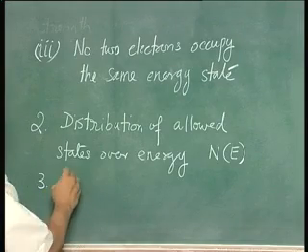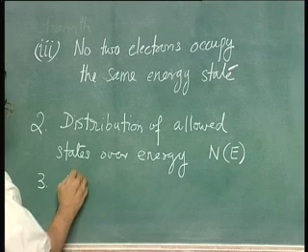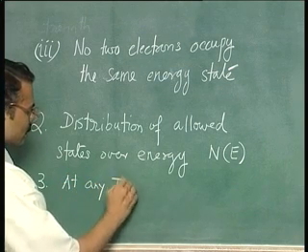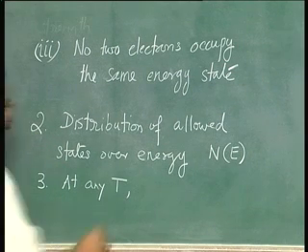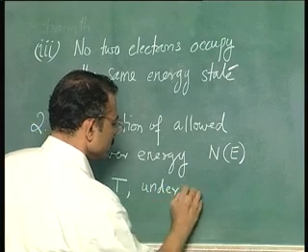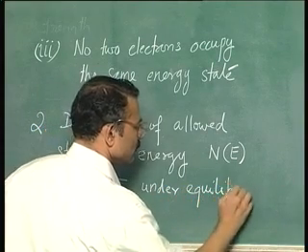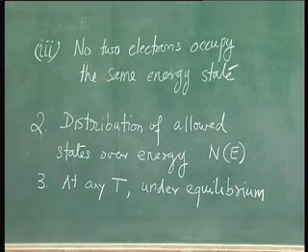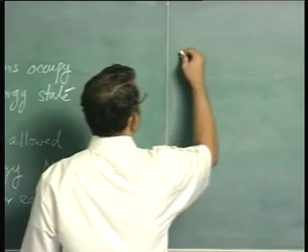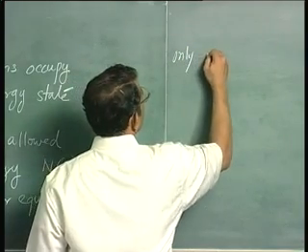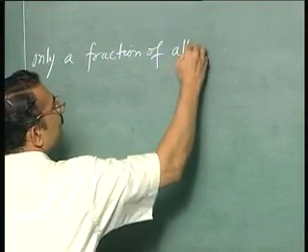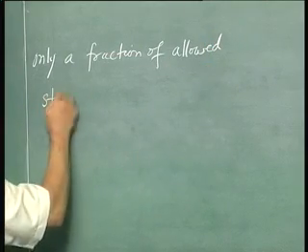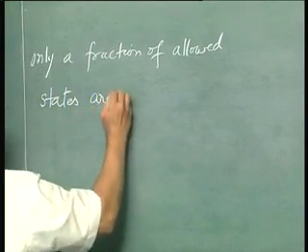So at any temperature under equilibrium condition, this is where the condition of equilibrium is coming. Under equilibrium, only a fraction of allowed states are occupied.